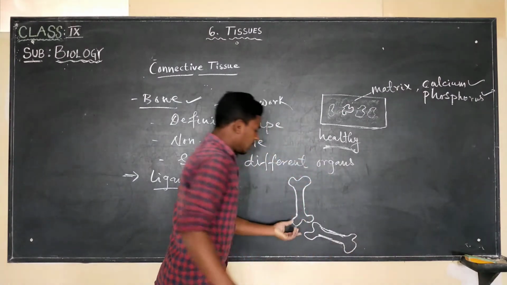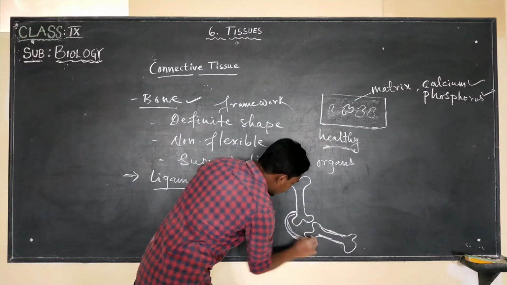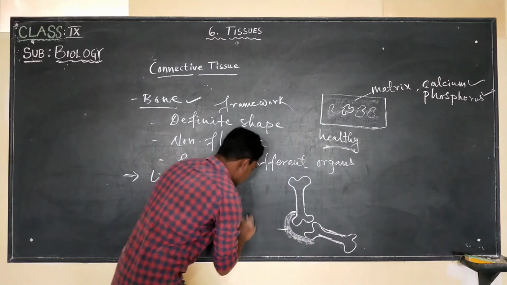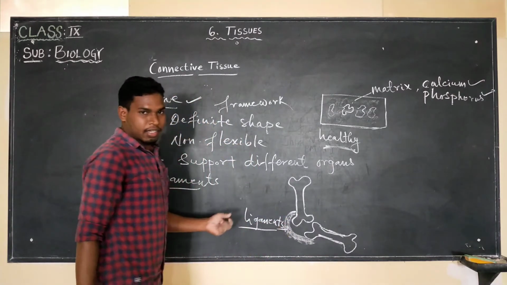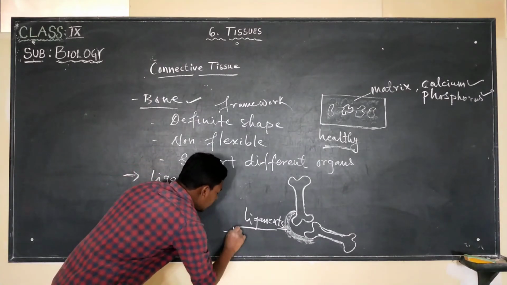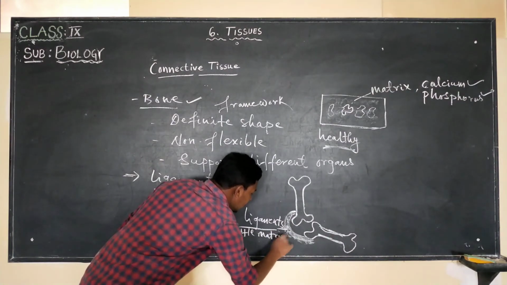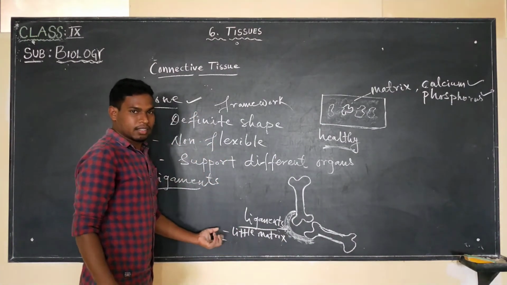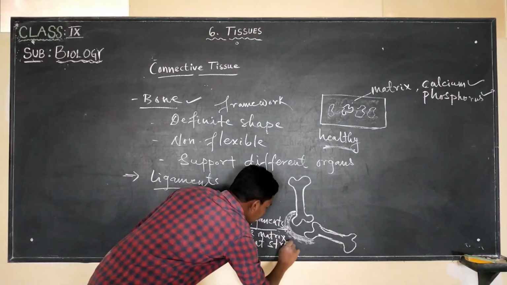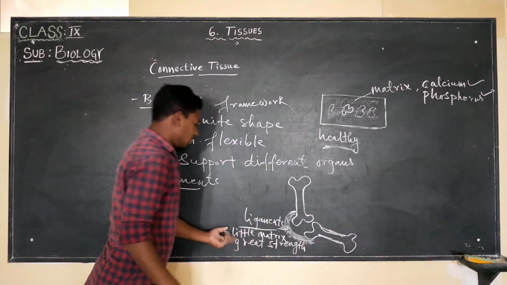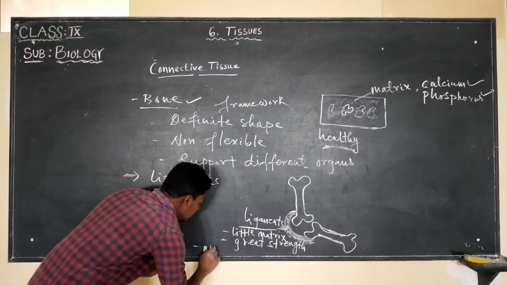These bones are connected by the connective tissue known as ligaments. These ligaments have little matrix, they have great strength, and they have more flexibility.